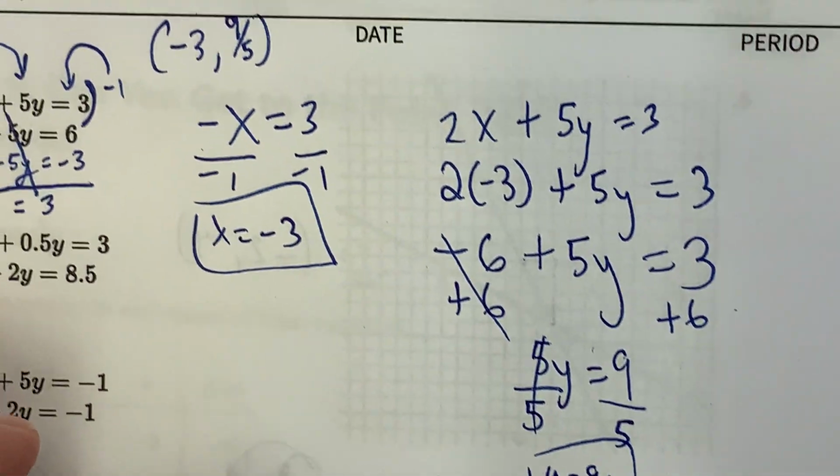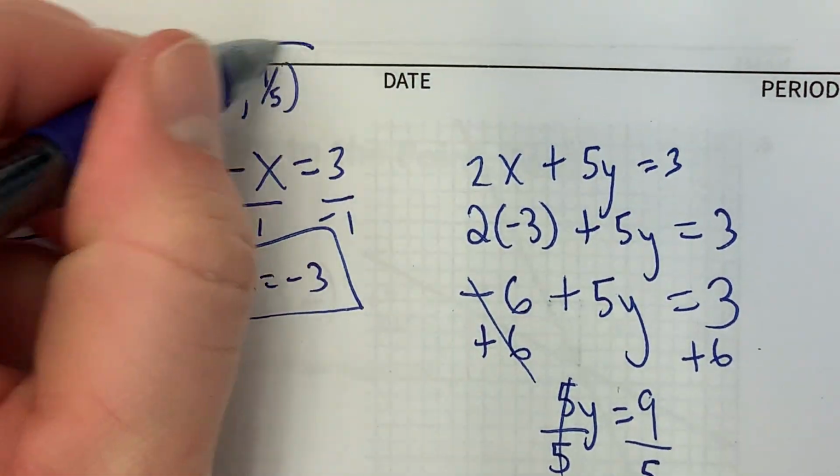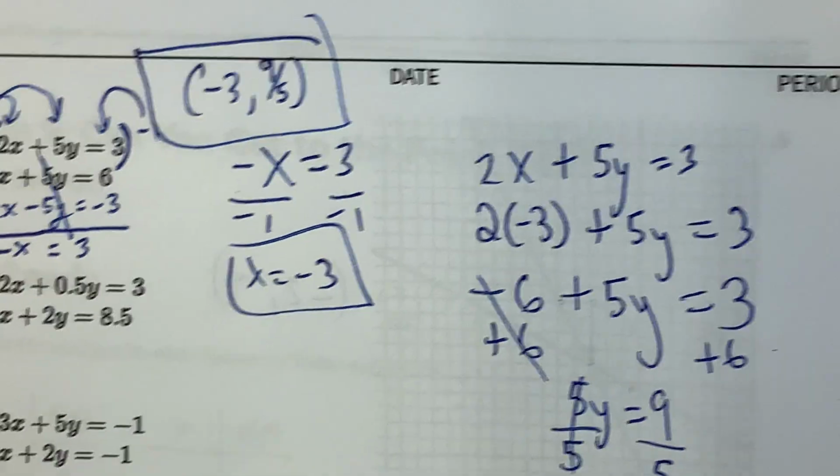Not the prettiest. No one likes fractions, but you can just leave your answer as -3 and 9/5.